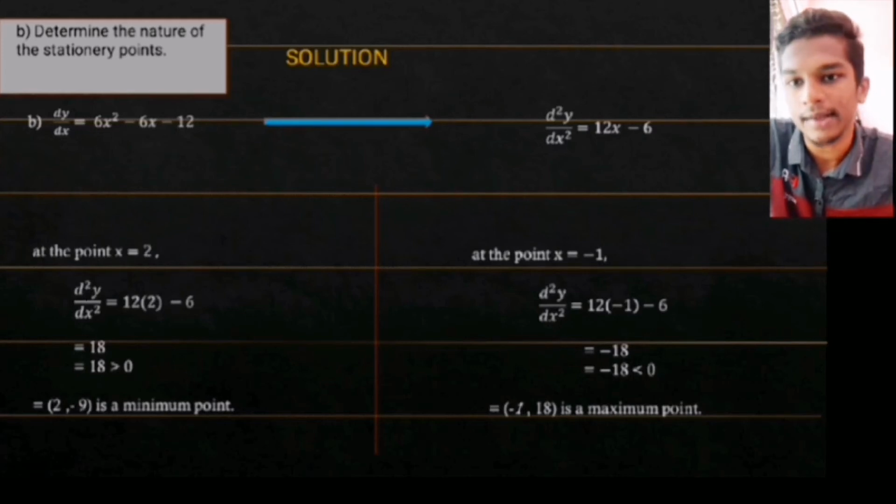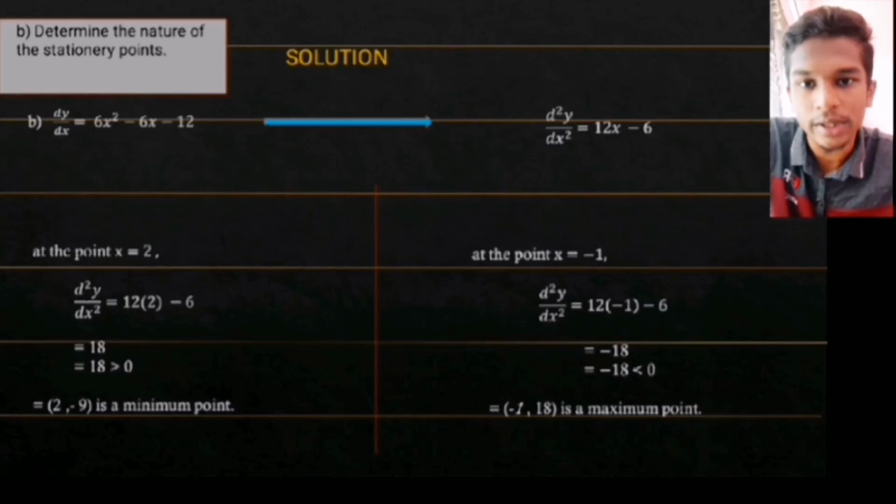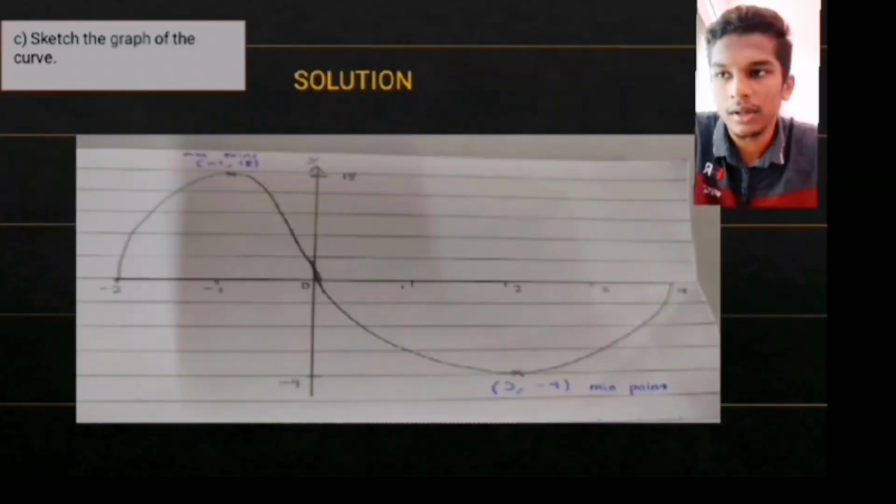The second one is x equals -1, and we replace the x value with -1, and we will get -18. So -18 is lower than 0, so it must be a maximum point, and the graph will be like an n shape. The last question is to sketch the graph of the curve.